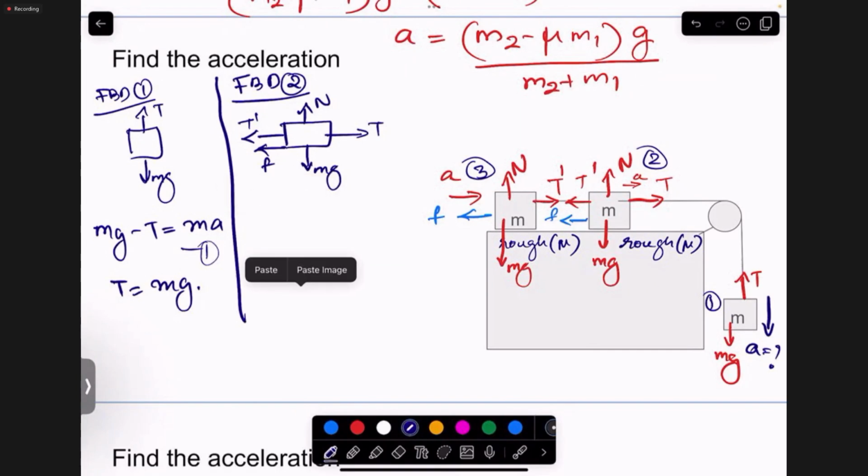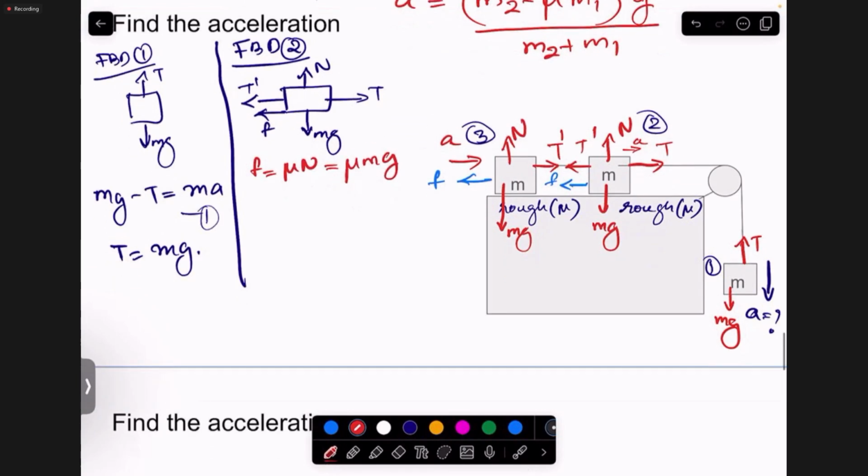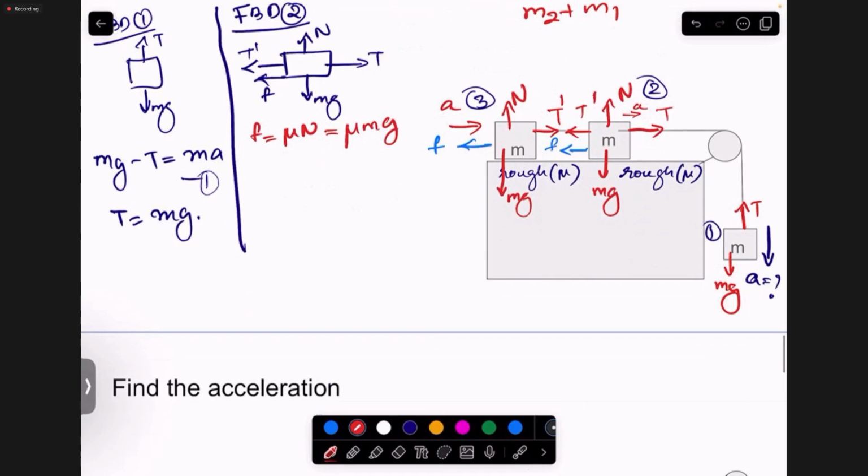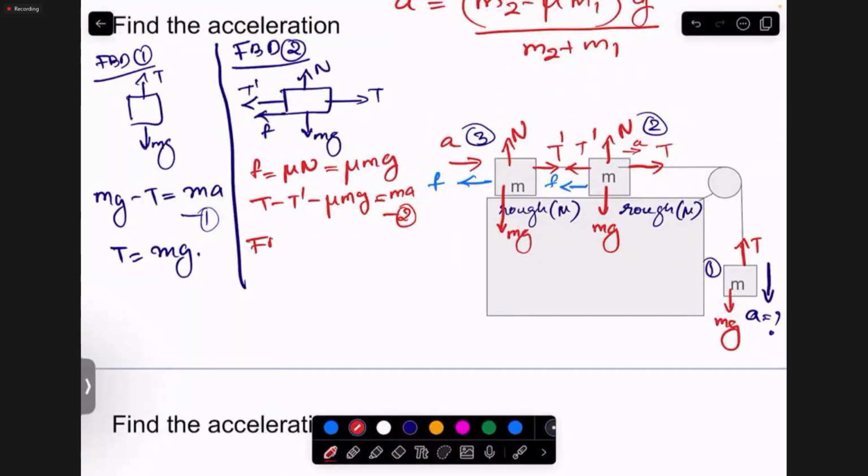Friction is mu times N. N equal to mg, so mu mg. And so the equation will be T minus T dash minus mu mg equal to ma. That is equation 2.